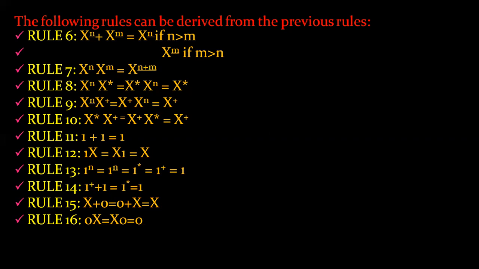The commutative law is not going to hold for path products, whereas it holds for path sums. Of course, the associative law holds good for both path products and path sums. So these are the different mathematical laws we are going to apply. In coming videos, we will see how we apply them.